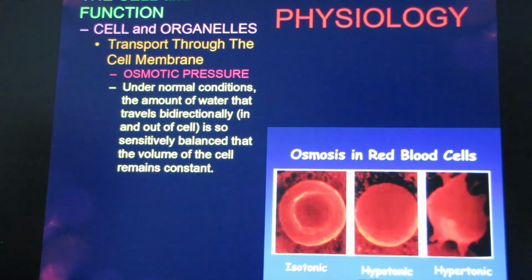So under normal conditions, the amount of water that travels bidirectionally in and out of the cell is so sensitively balanced that the volume of the cell remains constant. And this is explained with the word homeostasis, which I have talked about during the first lesson in the classroom.